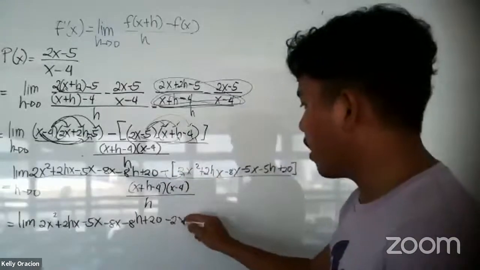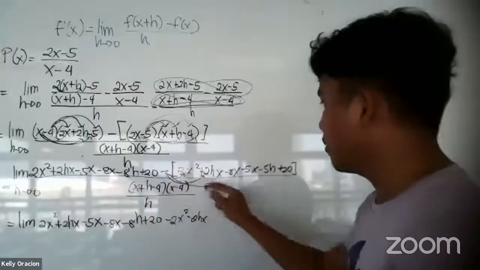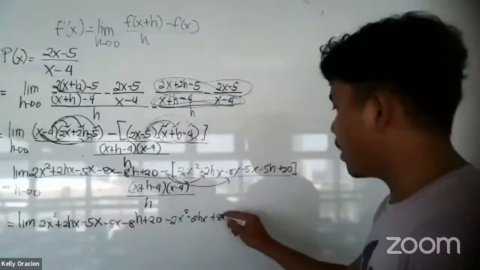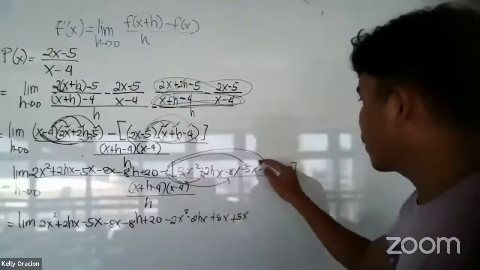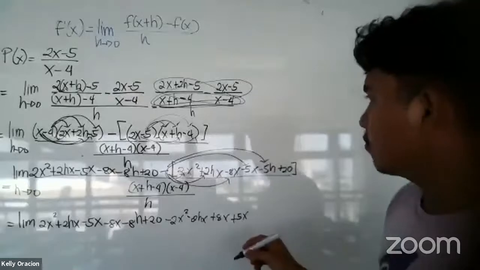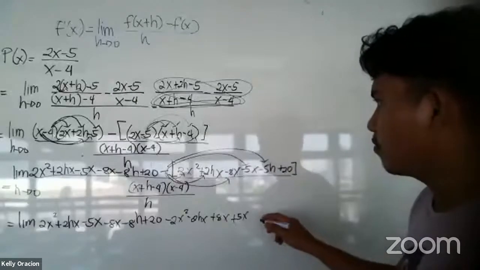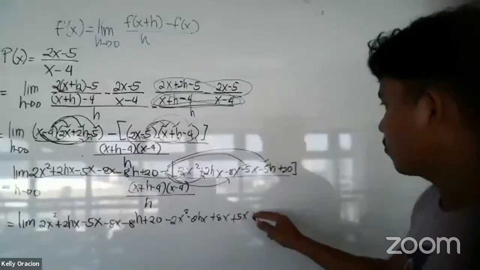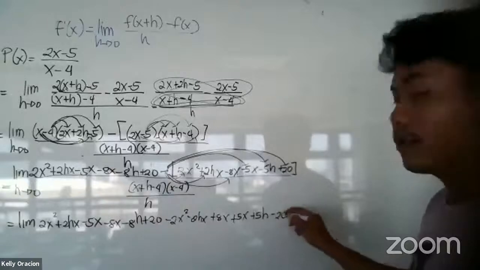That's negative 2x squared. That's negative 2hx. That's positive 8x. That's positive 5x. That's positive 5h. And that is negative 20.